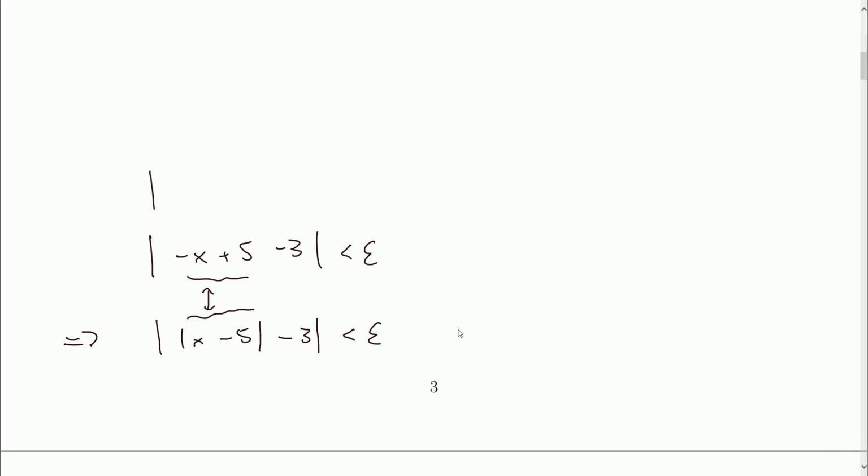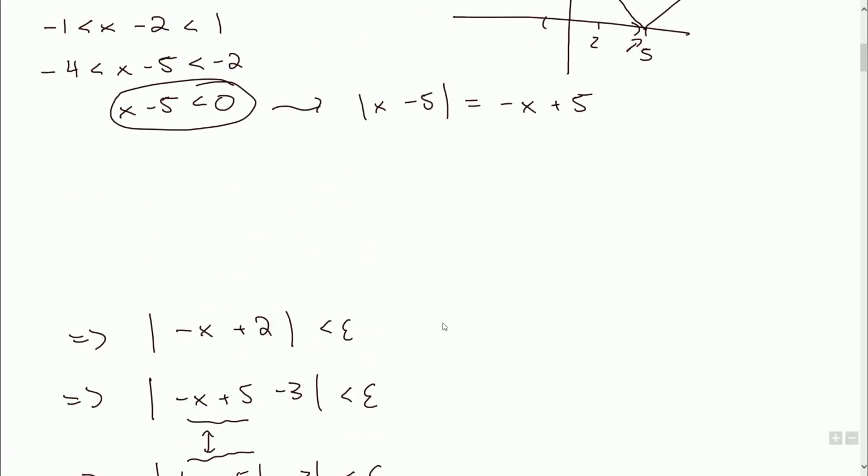Now let's clean this up a little bit. That would be negative x plus 2. To get between those two statements, we just separated plus 2 into a plus 5 and a minus 3.